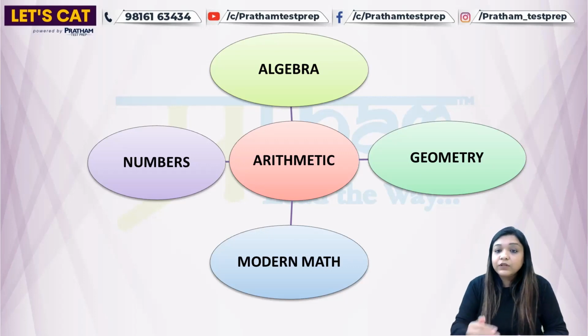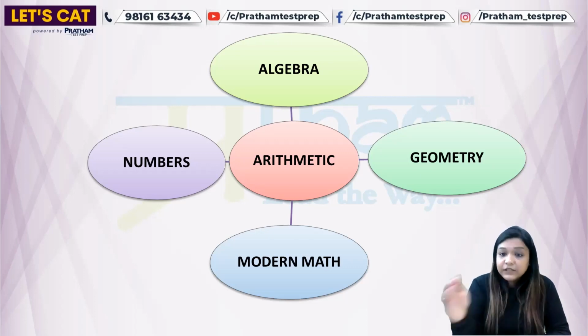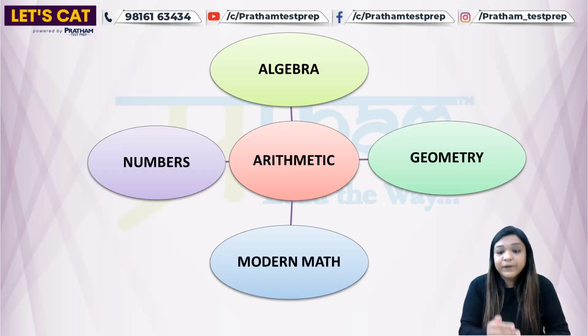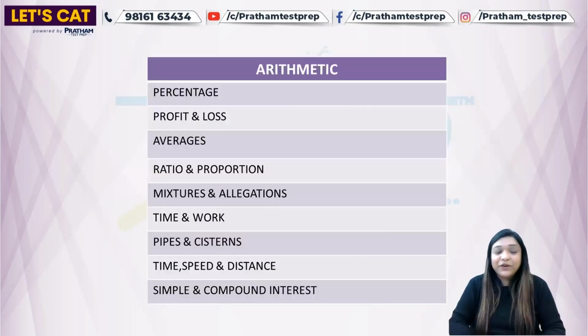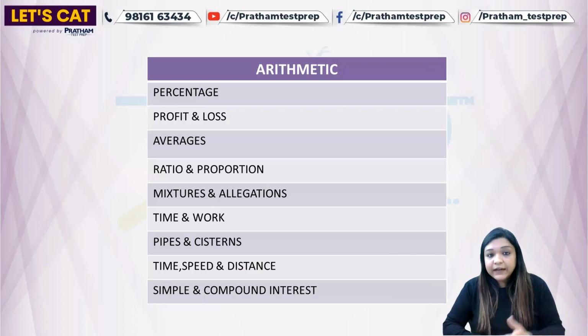So let's talk about the subtopics of these broad categories of topics in the quant syllabus, right? I'm going to start with the most important topic, which is arithmetic. What all subtopics are there in arithmetic? You can see the entire list here.